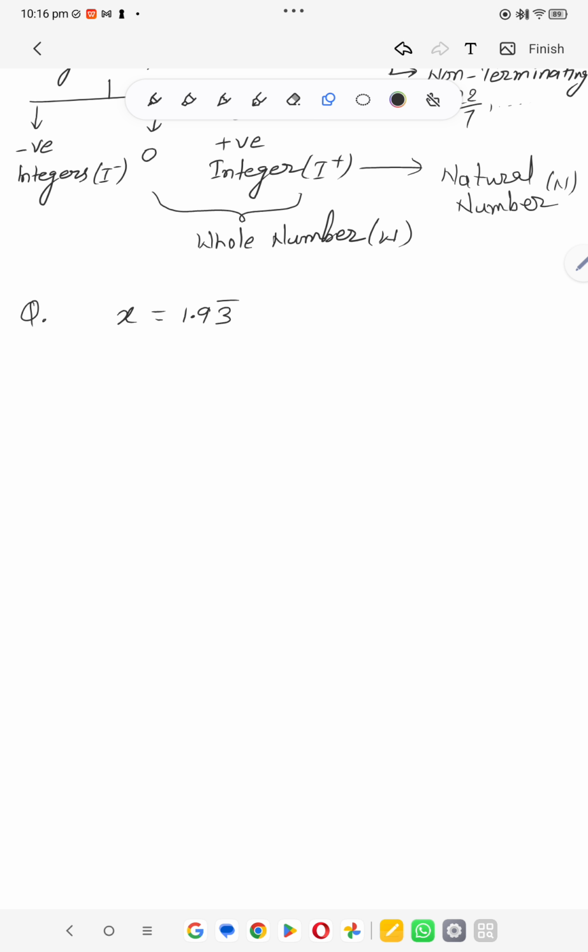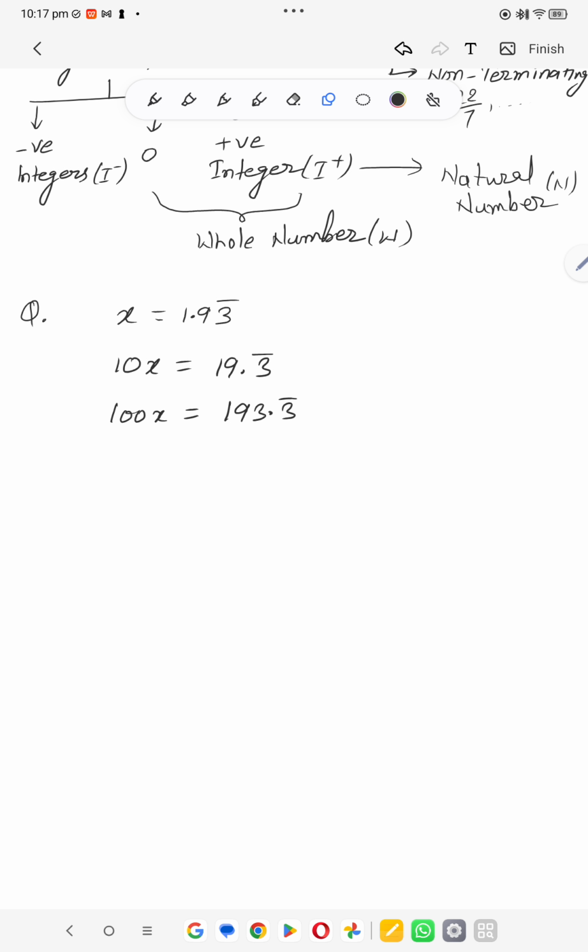So here we can say if I multiply it by 10, then 10x equals 19.3 recurring. If I multiply it by 100, it will be 193.3 recurring.